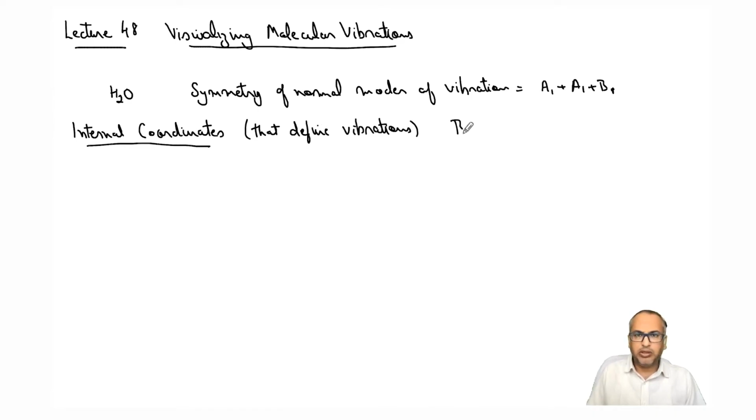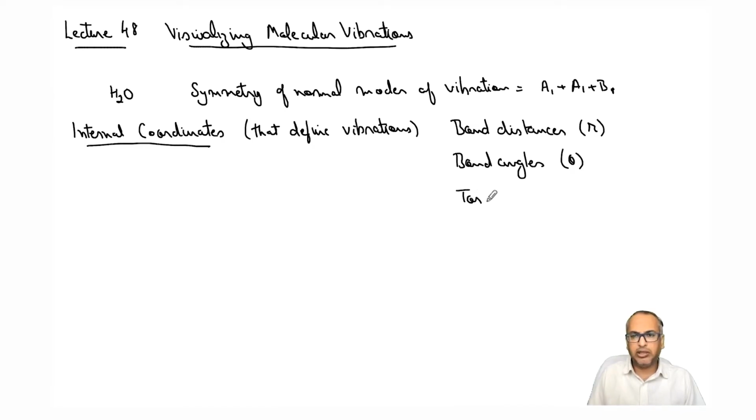These are bond distances, or you can say change in bond distance also, bond angles, which is theta, and torsional angles, let us say these are phi.